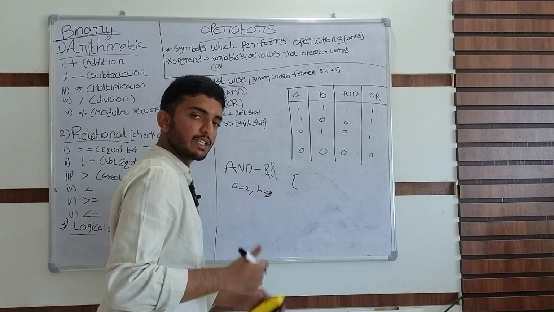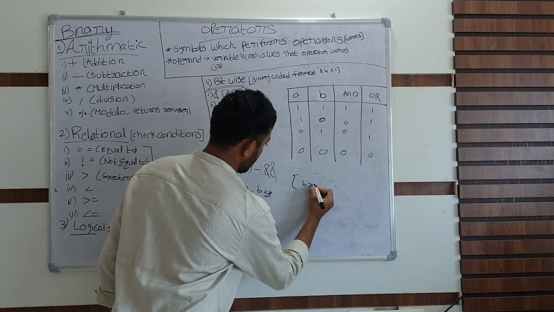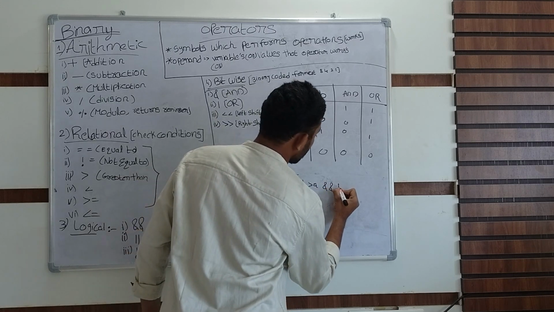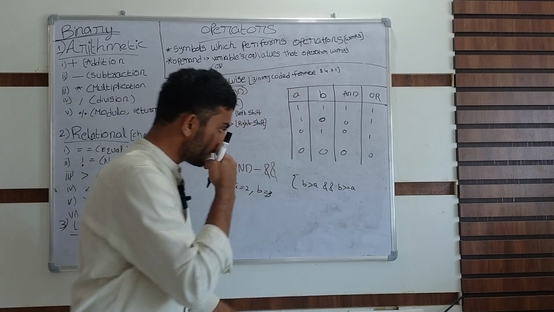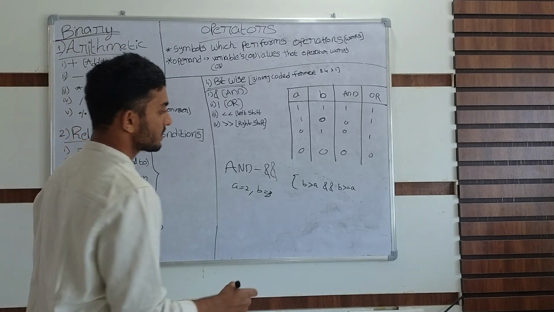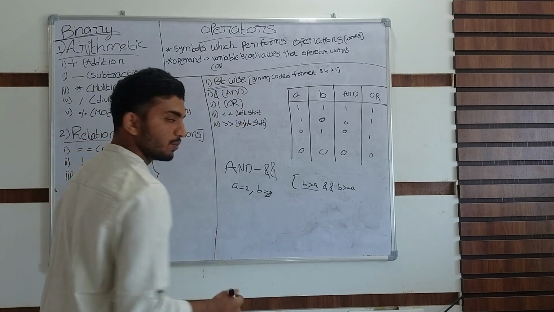If we give a condition in an if statement like this: B greater than A, and B greater than or equal to A. First it will check this condition: B greater than A, 3 greater than 2, it's true.